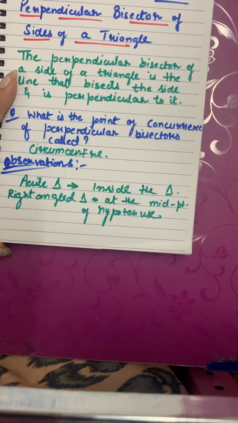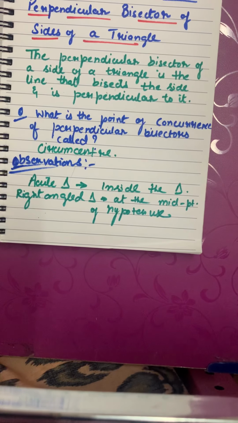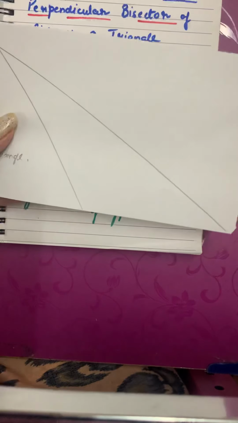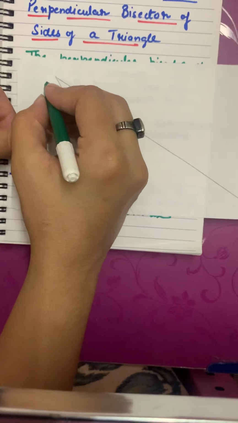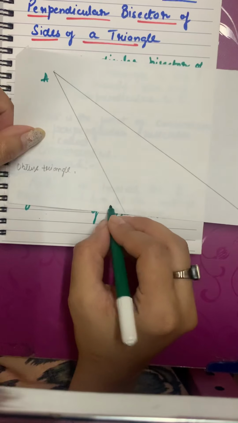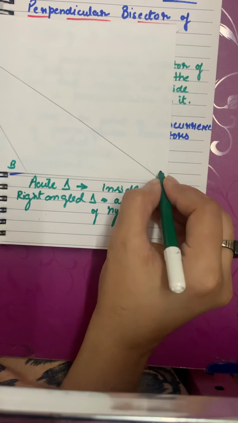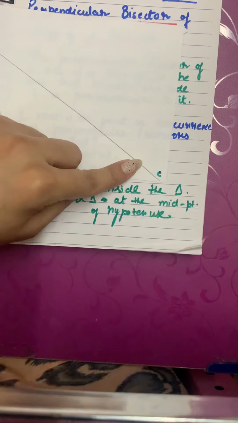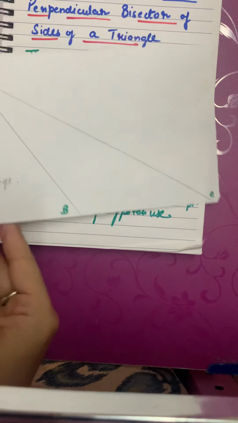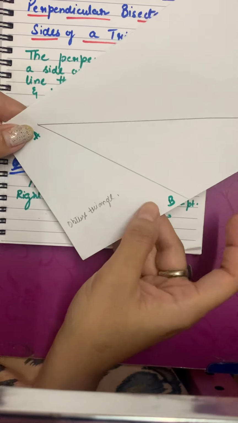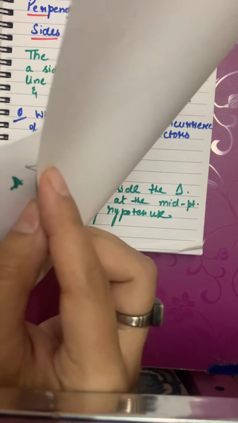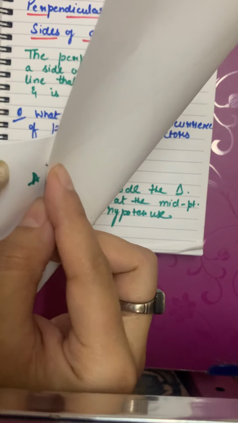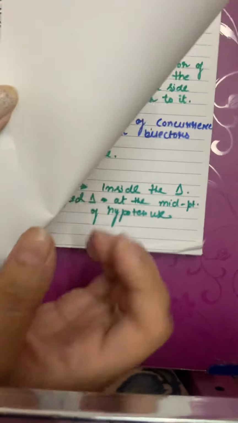So let us now do the same for the obtuse angle triangle. Here is my obtuse angle triangle. Same thing I'm going to do. I'll mark the vertices A, B, C. So now by paper folding, I'll find the midpoint of AB. I'll make sure the A and B vertices overlap each other.